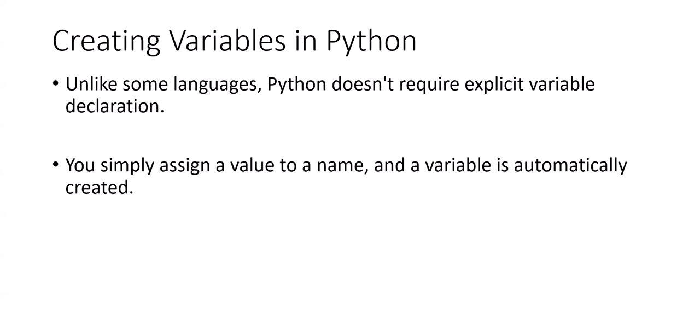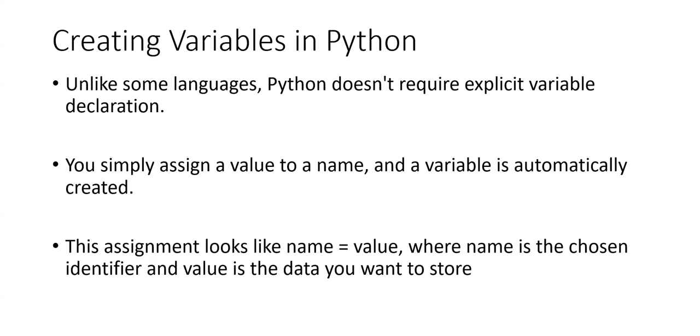How does that go? The assignment looks like a name, that's the chosen identifier, the name that you have chosen for your variable, and we'll look at the conventions in the next few minutes. Name equals your data value. Then from there, this variable name is created.